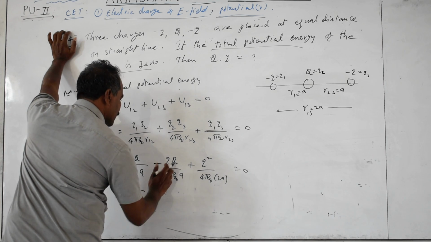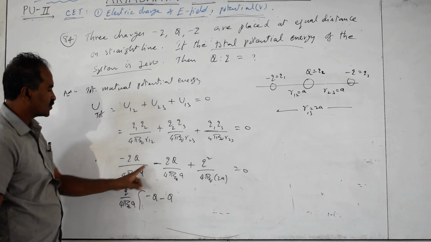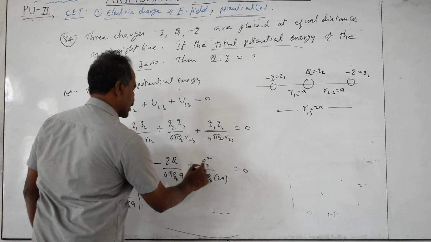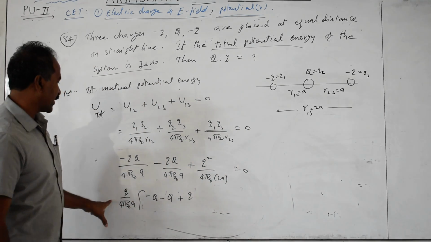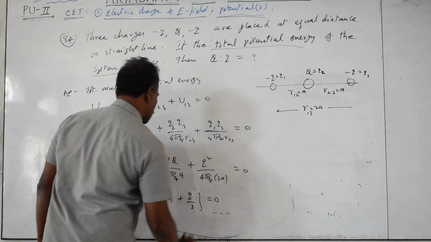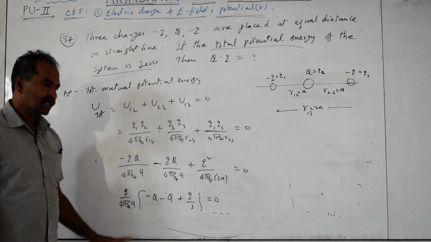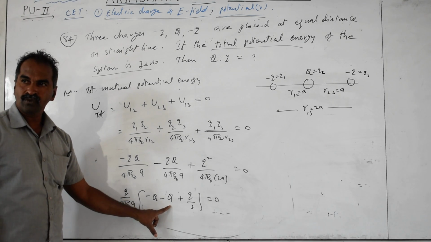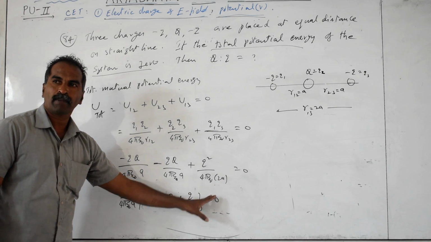The second term is also minus Q remains, so we can take this as 2 times. And here we get small q by 2, since the denominator a was taken common and 2 will be there. So this constant term taken to the right side becomes 0. Therefore this becomes minus 2Q plus q by 2 equal to 0. Minus 2Q taken to the right side becomes plus.